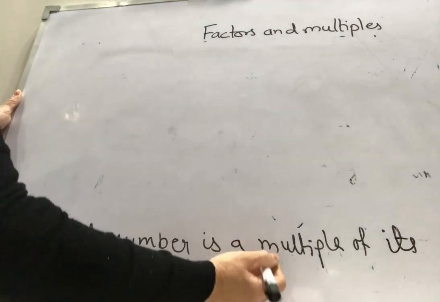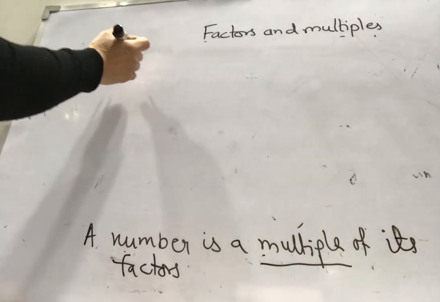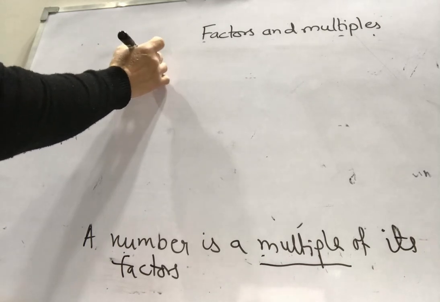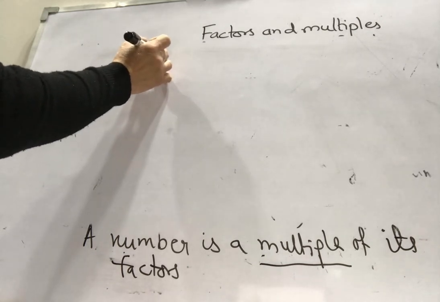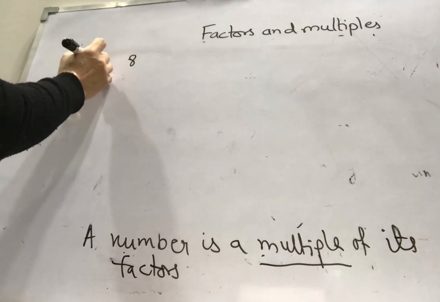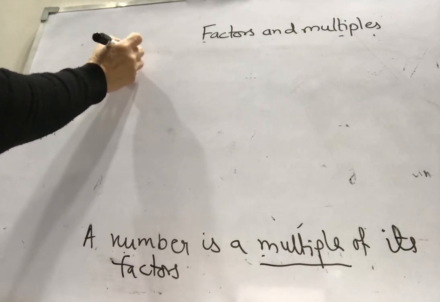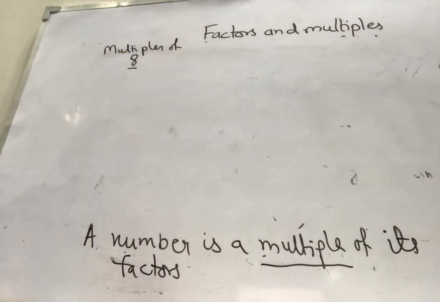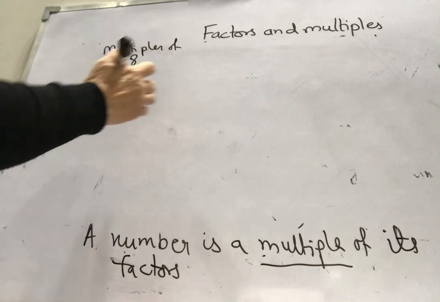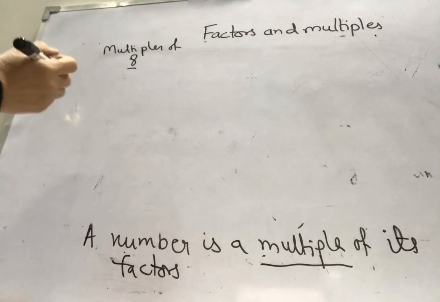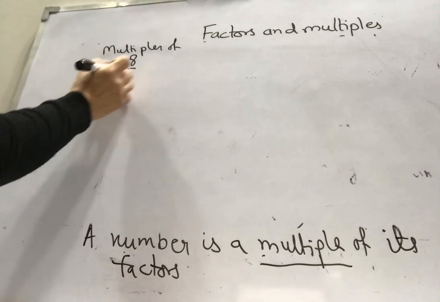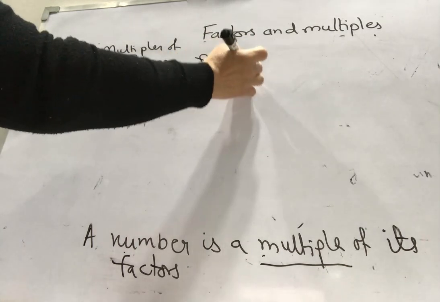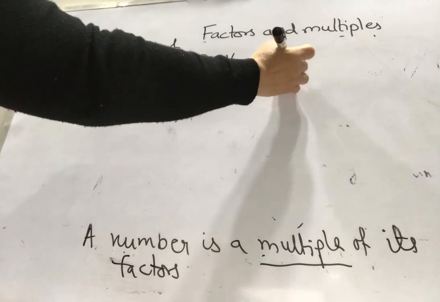Let me take another example, a smaller number, 8. So multiples of 8 I am talking about. You start multiplying with 1, 2, 3, 4 and so on, and you can write the multiples. Multiples of 8 are 8, 16 and so on.